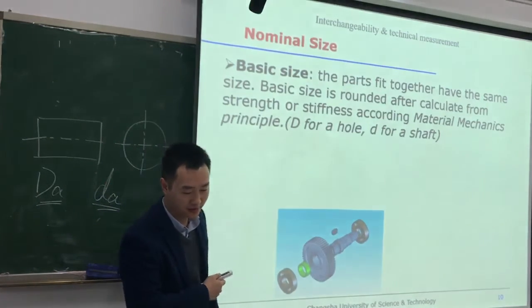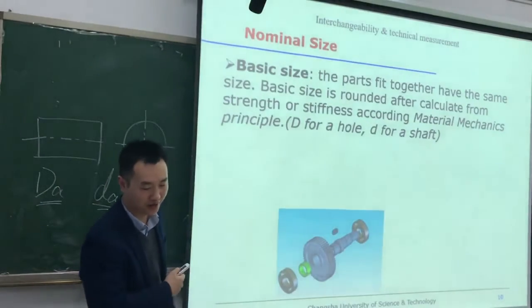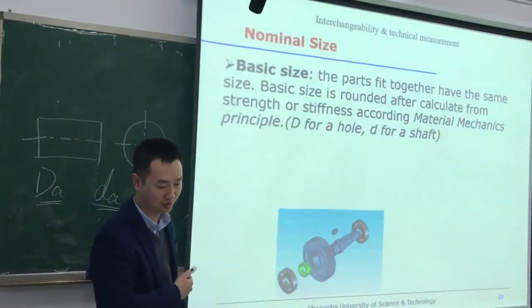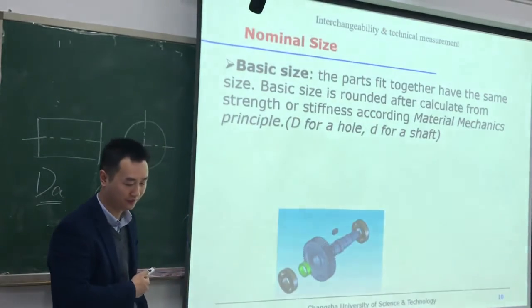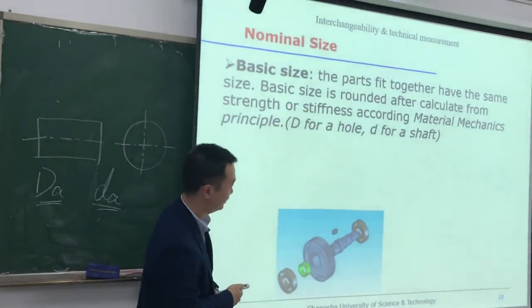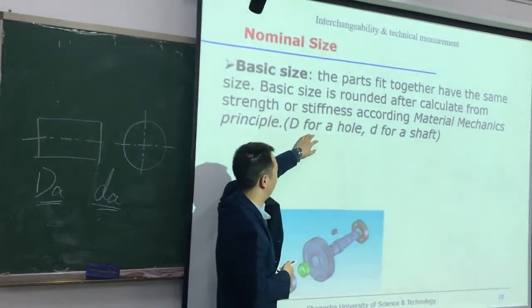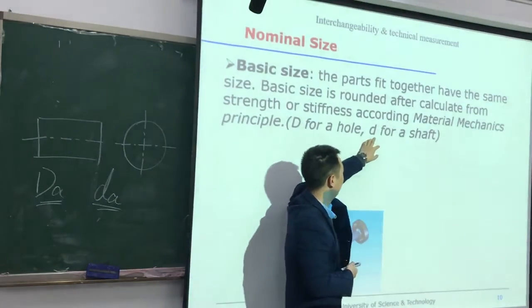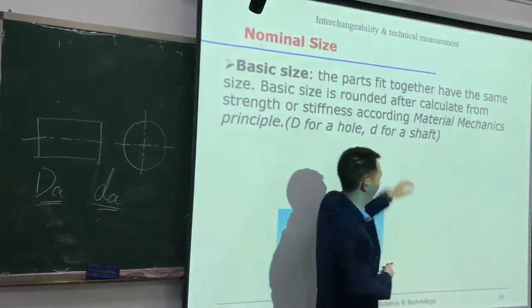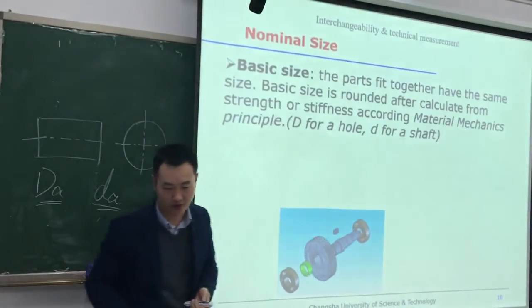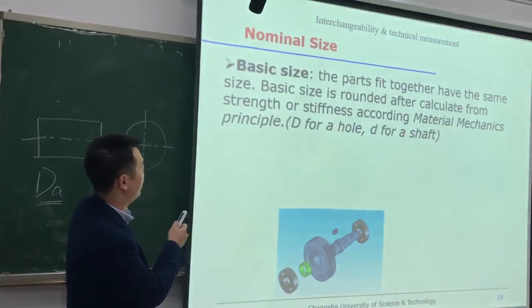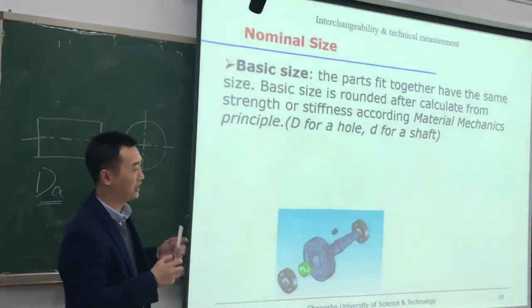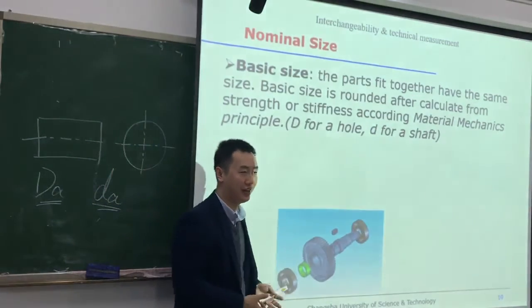The basic size is rounded after being calculated from strength or stiffness according to material mechanics principles. Capital D is for a hole, and lowercase d is for a shaft.